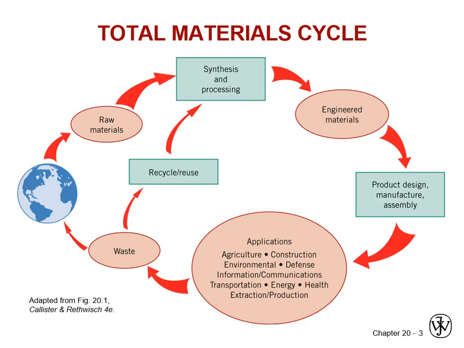When those reach the end of their useful life, they will become waste. Waste will also be generated at every point in the process, both obtaining raw materials, transforming them into engineered materials, and then the extent to which we can recycle or reuse those wastes will in large part determine the efficiency of this overall cycle.